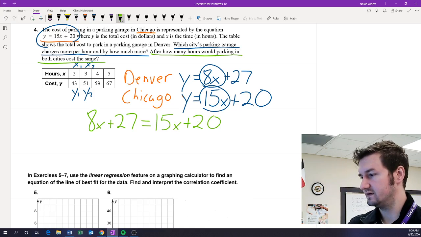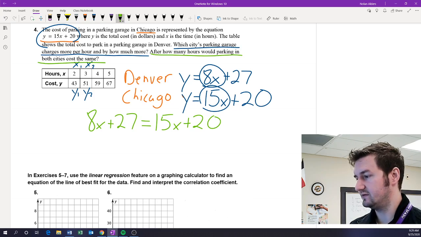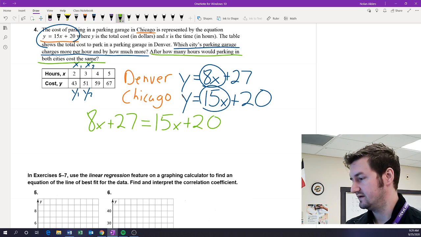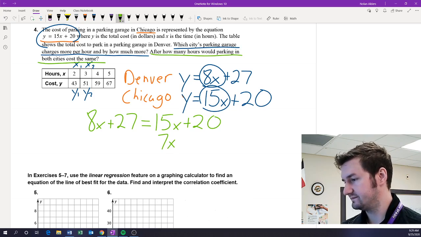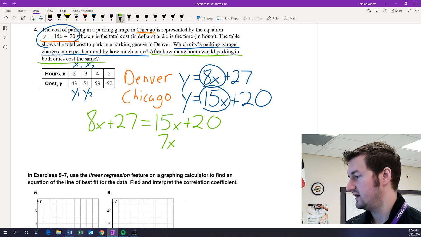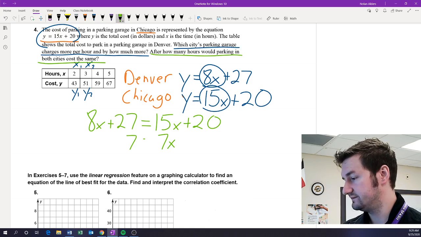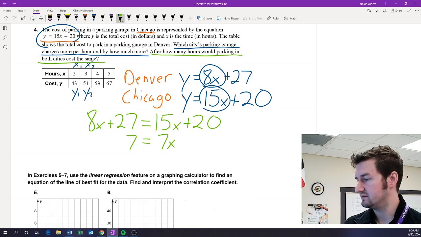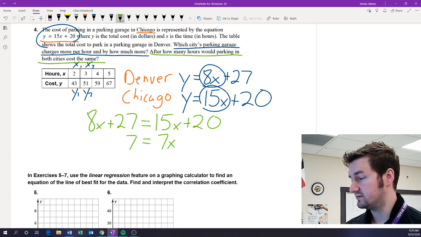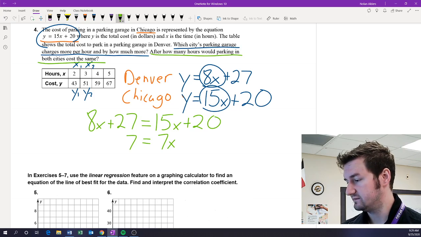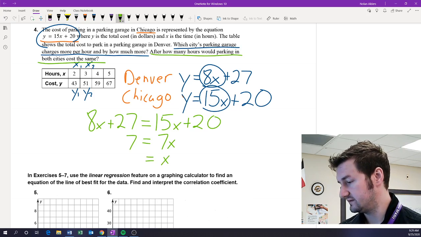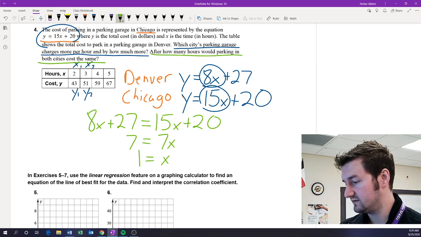And then we'll solve. So let's subtract the 8x to the right. So we'll get 7x over here. All right. And then let's subtract 20 to the left. So we'll get 27 minus 20 is 7. So we have 7 equals 7x. To solve for x, let's divide by 7. So we'll have x over here, and then 7 divided by 7 is just 1.